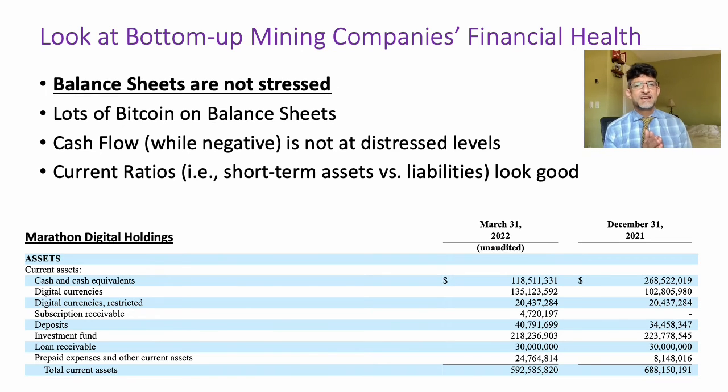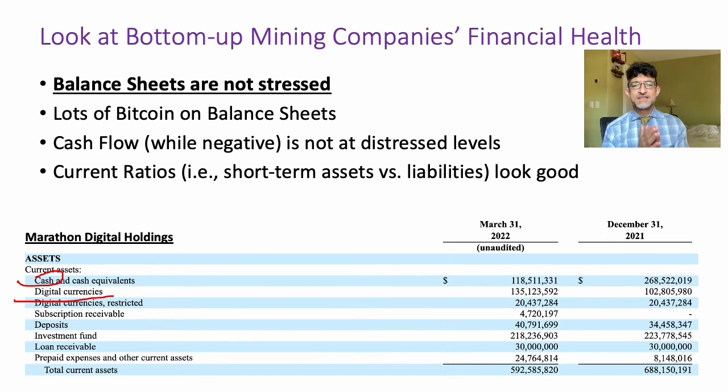So what I did is I looked at the balance sheets and cash flow and income statements of all the major mining companies. If you just focused on balance sheets, they're not stressed at all. They have lots of Bitcoin in the balance sheet. Here, maybe I should highlight this one, Marathon. And if you look here, they have cash on their balance sheets and they have what they call digital currencies.